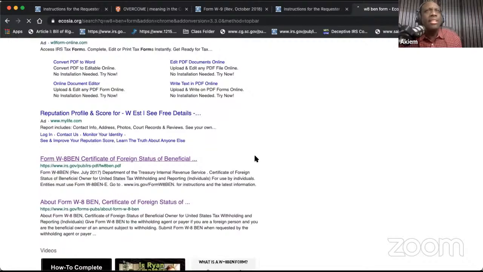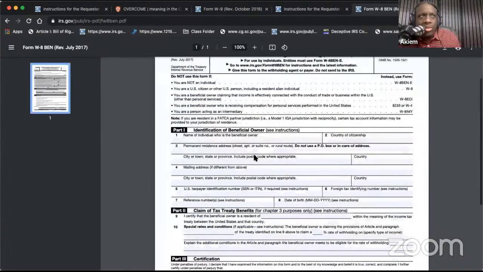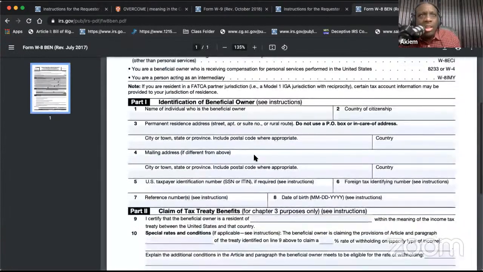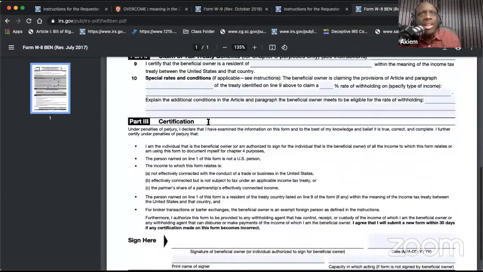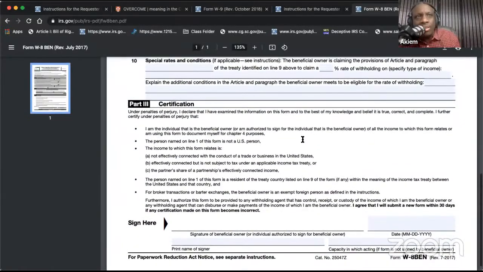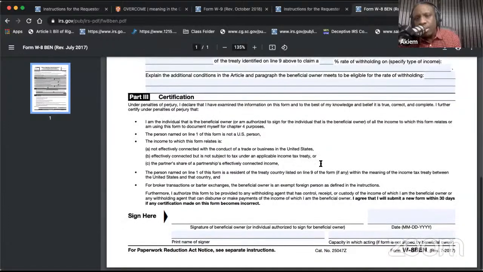When you go down to the certifications, the penalty of perjury doesn't have the unsworn declaration saying that you're without the United States on it. You see what I'm saying?